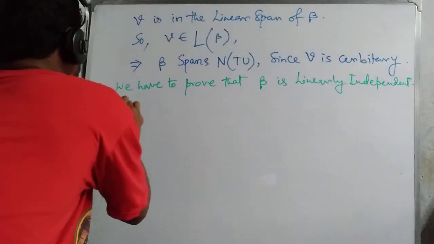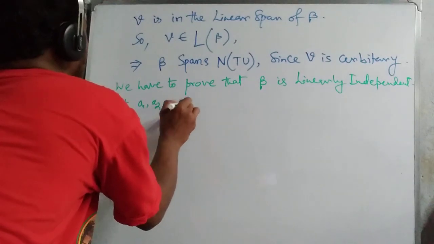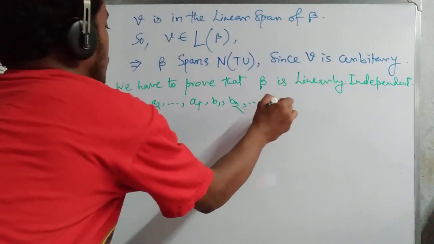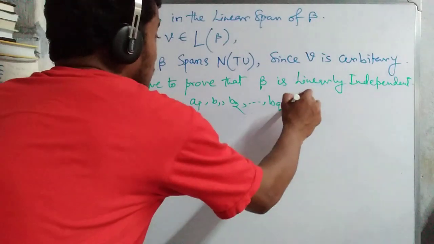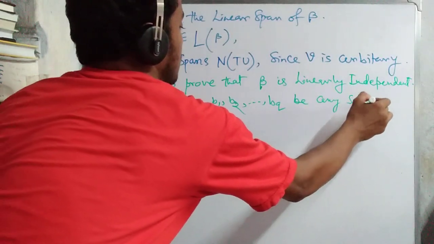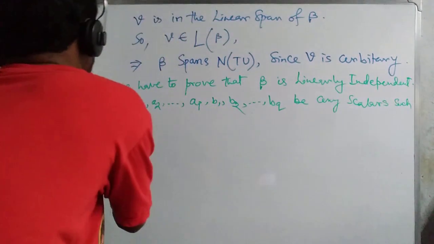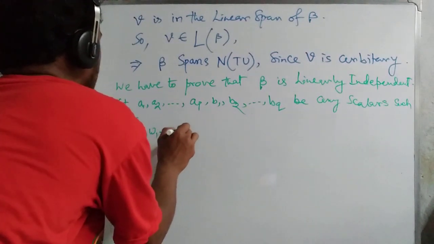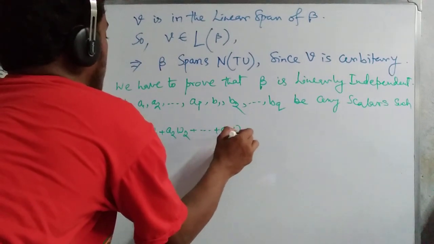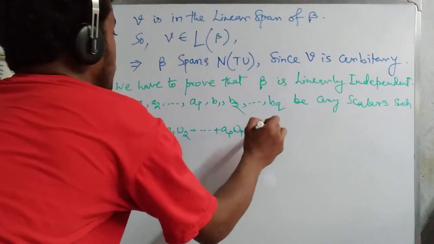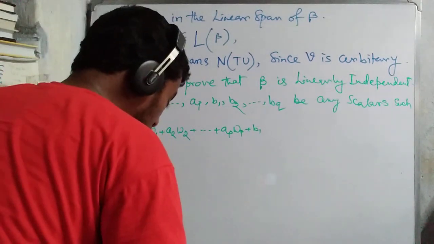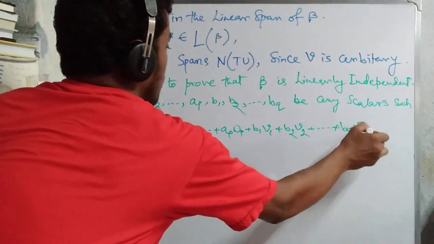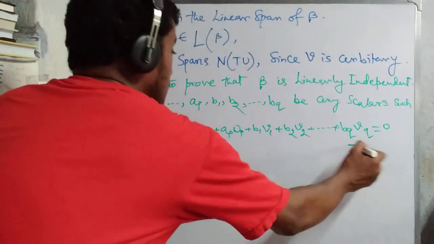Then what we do? Let a1, a2, ..., ap and b1, b2, ..., bq be any scalars such that a1 w1 plus a2 w2 plus ... plus ap wp plus b1 v1 plus b2 v2 plus ... plus bq vq equals 0.